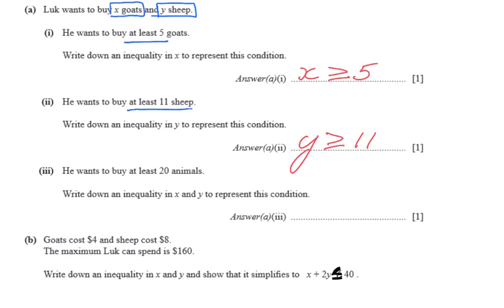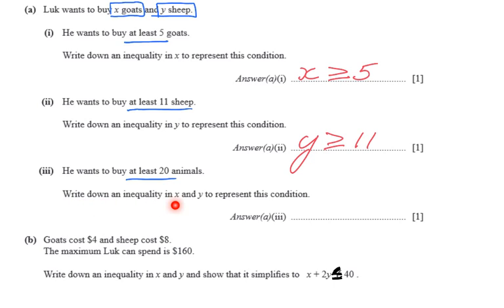We continue, again for 1 point, so not too much working involved. He wants to buy at least 20 animals. So they really like that phrase, at least 20 animals. So 20 animals is good, or 21, or 22, or 1,523 animals is also good, at least 20.